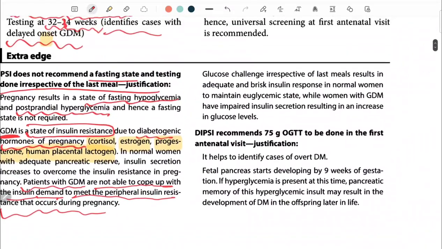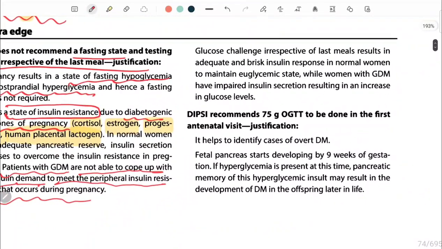Glucose challenge, irrespective of last meals, results in an adequate and brisk insulin response in normal women to maintain the euglycemic state, while women with GDM have impaired insulin secretion, resulting in an increase in glucose levels. So DIPSI recommends the 75 gram OGTT to be done in the first antenatal visit. Why?